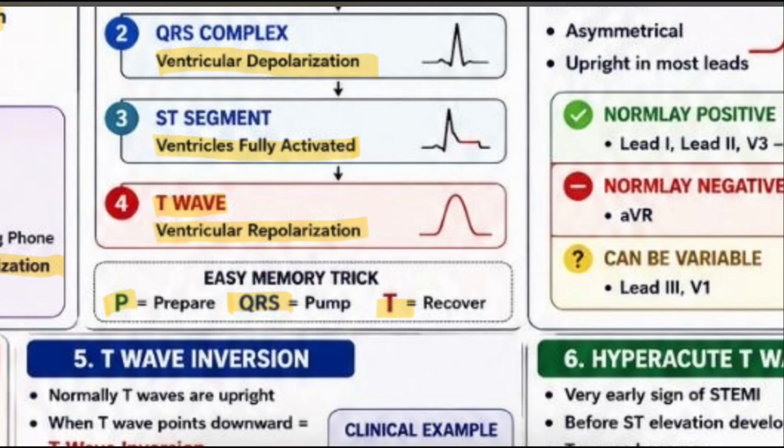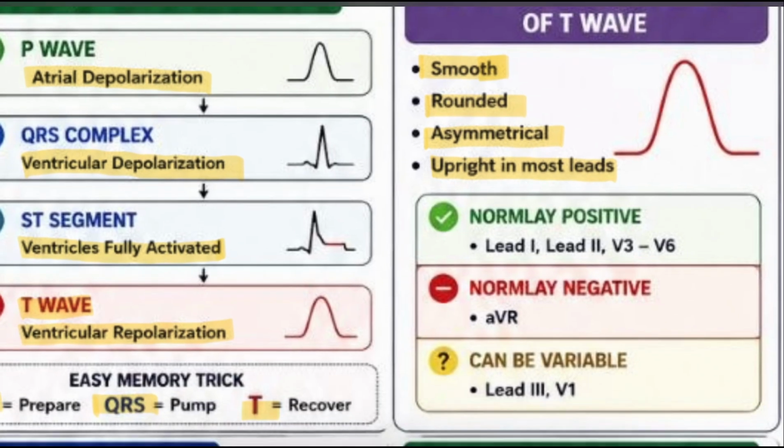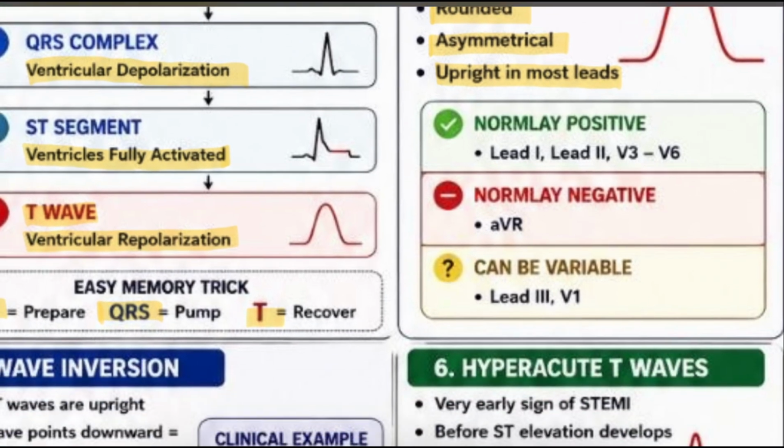So next you can see the normal appearance of the T wave. How will the T wave appear? Normal T waves are smooth, rounded, asymmetrical, and upright in most leads. Normally the T wave is positive in lead 1, lead 2, and V3 to V6.